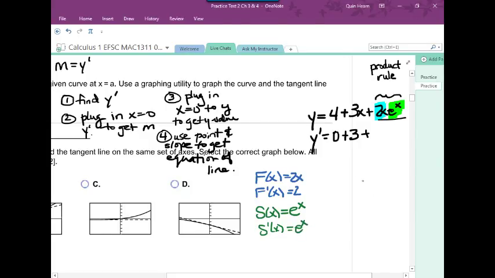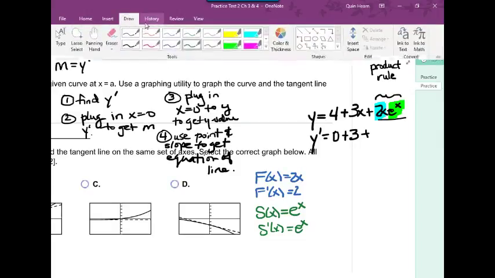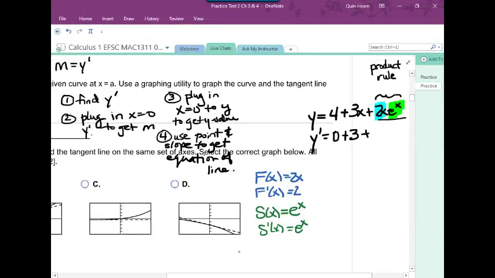Remember the product rule says the derivative is the first function times the derivative of the second, plus the second function times the derivative of the first.